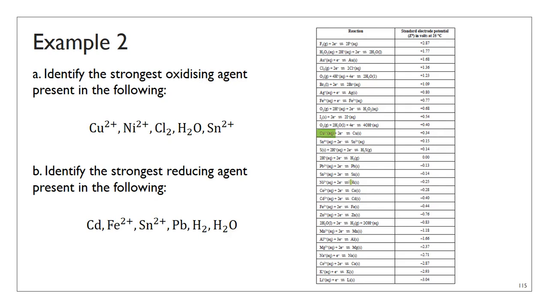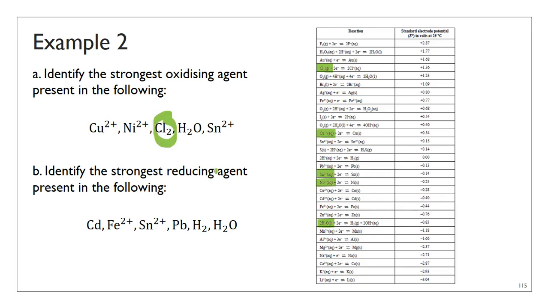The next one is nickel, which is here, and then we have chlorine gas. H2O, you will see that there are multiple H2O present, but since we are looking at oxidizing agents, I'm just going to highlight the one on the left, and Sn2+. So this is Sn2+. So the strongest oxidizing agent must be the highest one, so it's going to be chlorine gas.